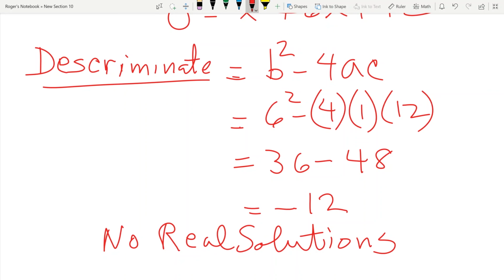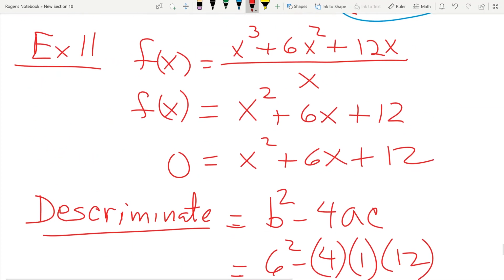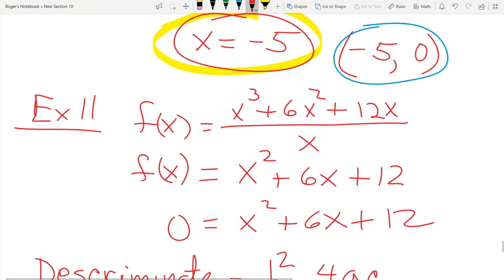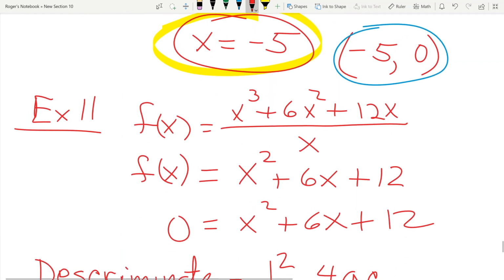Now, we can graph it to prove that, and I think that will add a little more clarity. Coming back up to the very top, if we put x cubed plus 6x squared plus 12x all over x into the Desmos graphing calculator, we should see a parabolic graph with no real solutions, meaning it does not cross the x-axis.